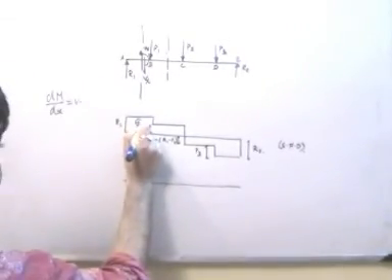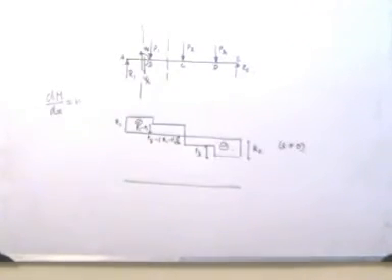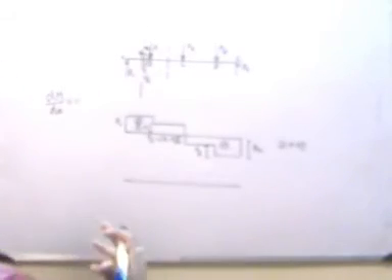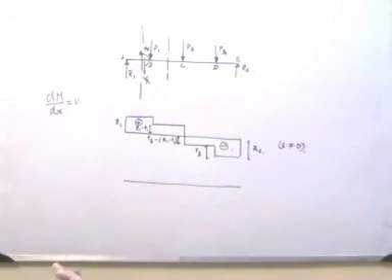This is the positive value of the shear force, this is the negative value. At point A, there is no bending moment. Why? Because at point A there is no resultant moment. There is only a reaction force, and as such the bending moment at point A is 0.